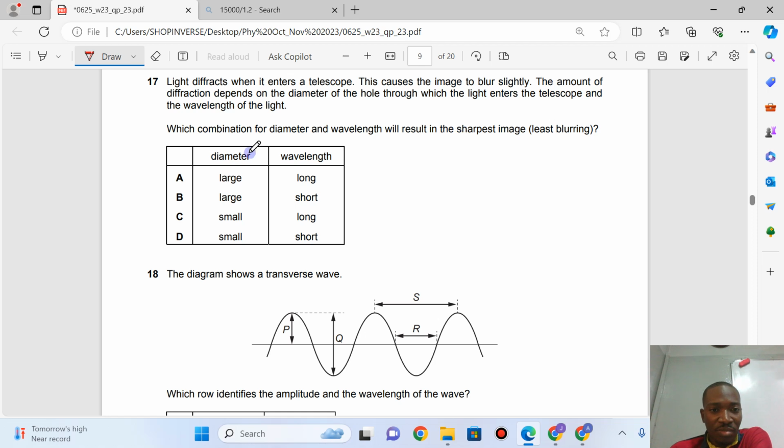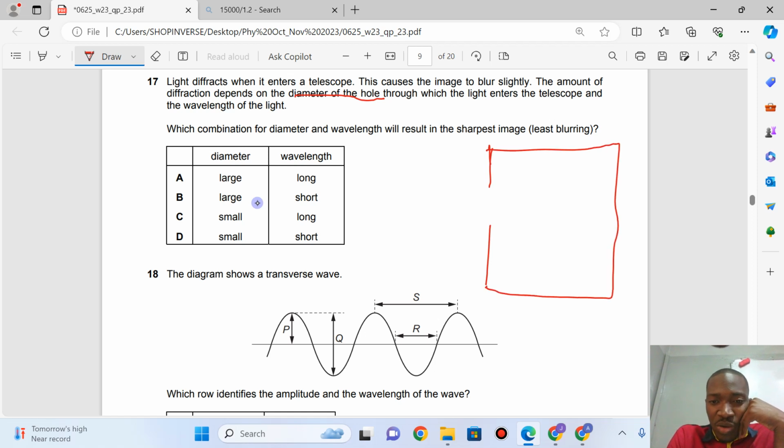Let's see. Diameter of the hole. Then wavelength of the light. Take note that diffraction happens in waves when the size of this opening, in this case the diameter, and the wavelength are compared.